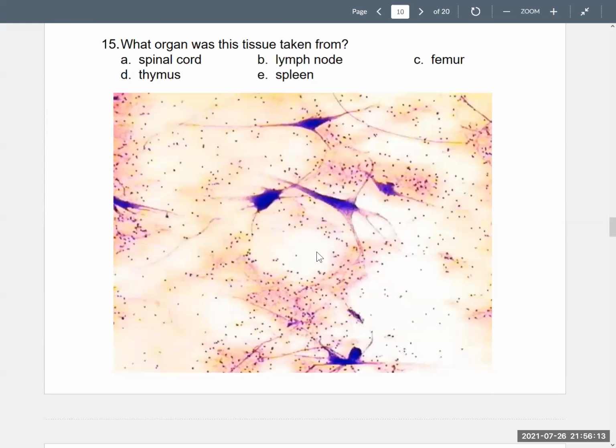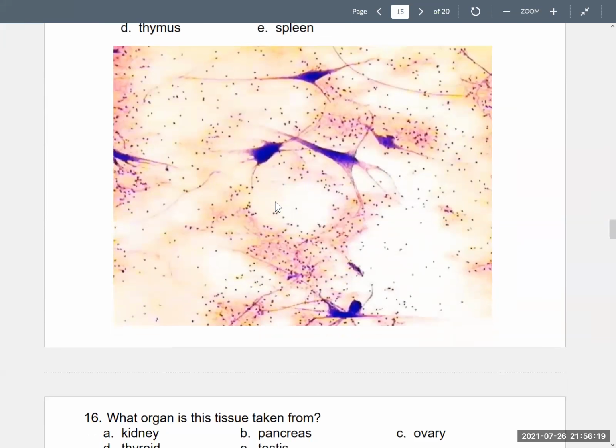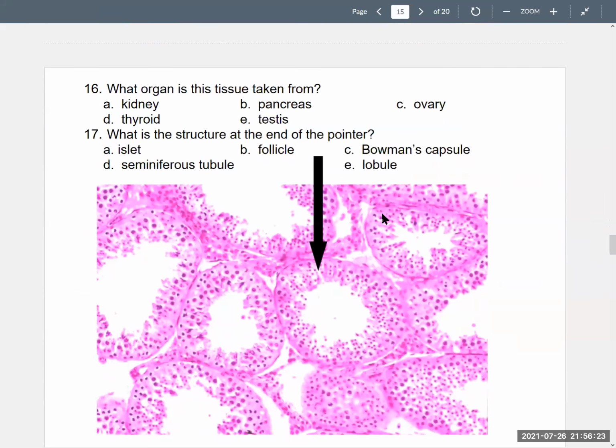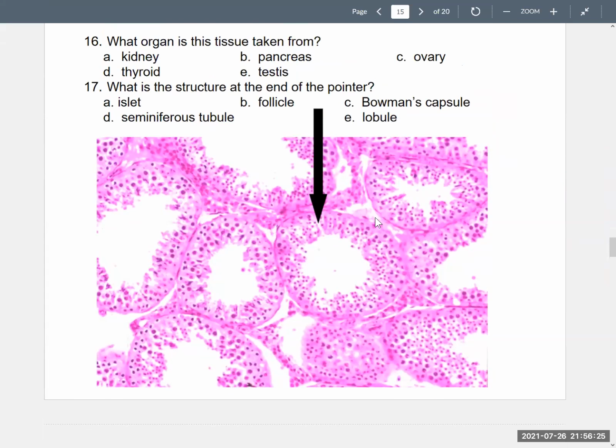A neuron probably won't give anybody any trouble. Glial cells around it. This is seminiferous tubules. This one often gives people trouble, but when you look at it, see the lumen, that's obvious.